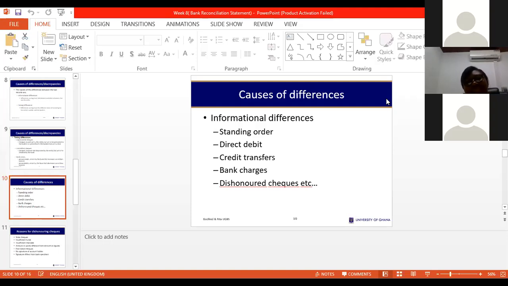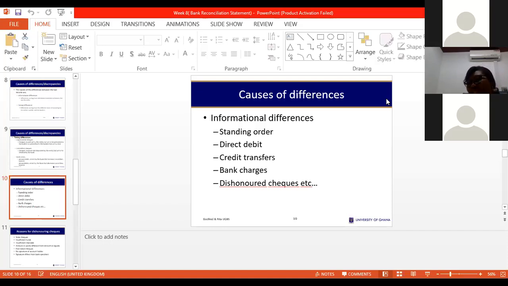And so if such a situation happens, the business entity is sitting somewhere and does not even know that my customer has transferred money into my account. It is only when they pick the bank statement that they would know who transferred the money.